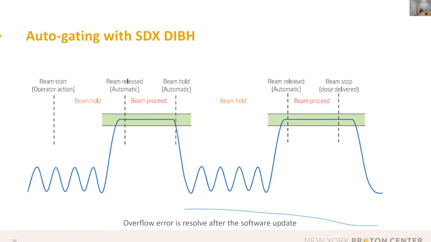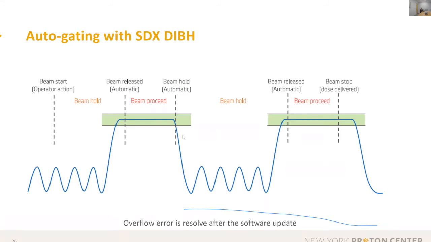When it happened at the beginning, when we initially tested this auto gating module, it turned out that when the patient dropped off this window, the system would not hold the beam. Ideally, it should hold the beam and wait, and then when the patient comes back to the gating window, the beam will automatically turn on.